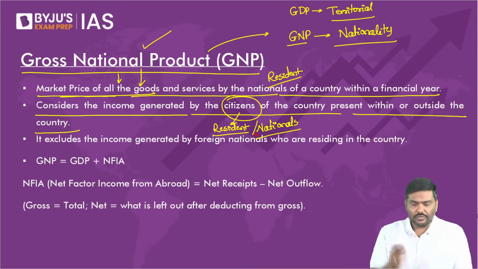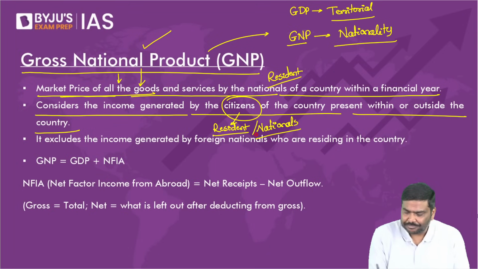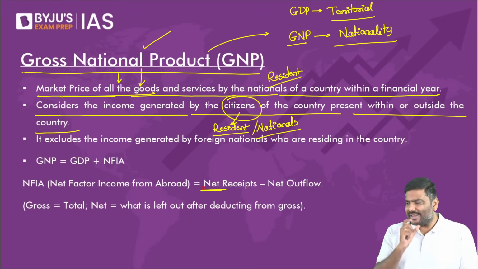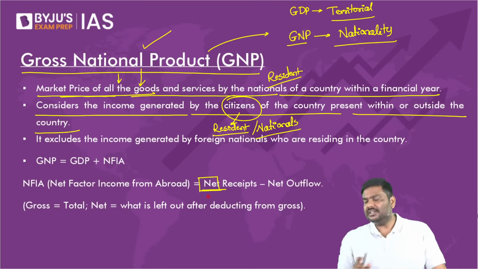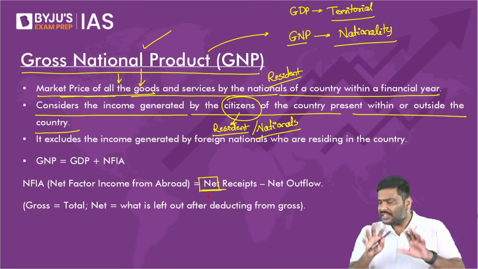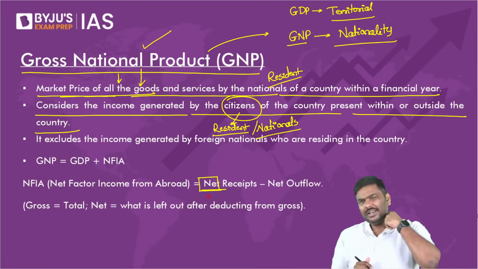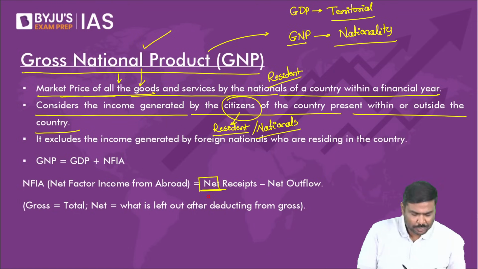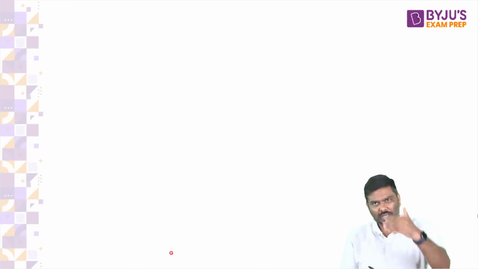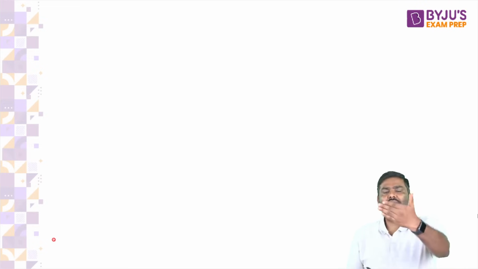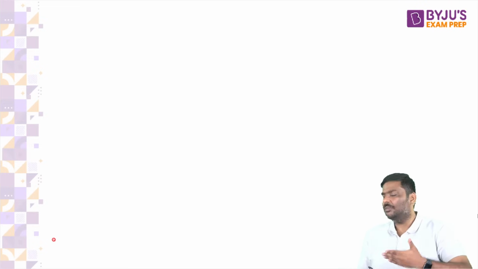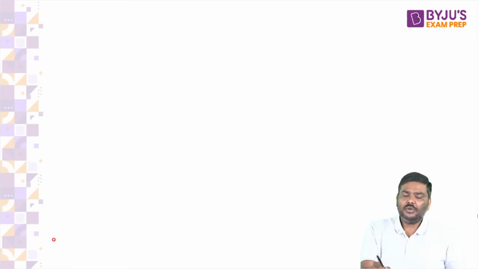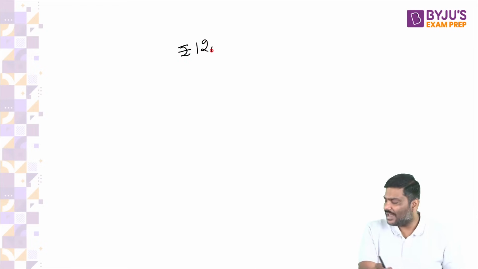Now, before going forward, there is a technical term here, net. Let me explain the term net to you. Follow this very carefully. I'll give you a very simple example. Don't memorize this. Let's say you become an IAS officer, and you will get a document from the government which says your salary per annum is 12 lakh rupees.